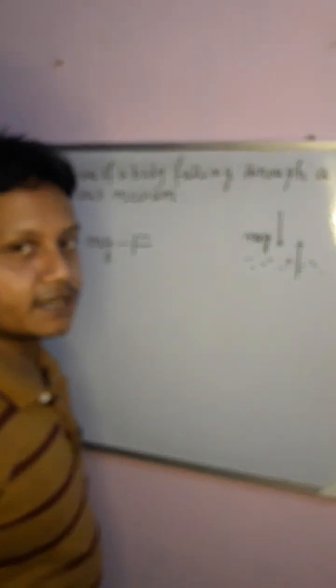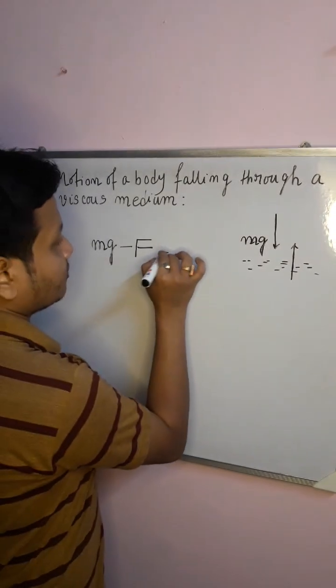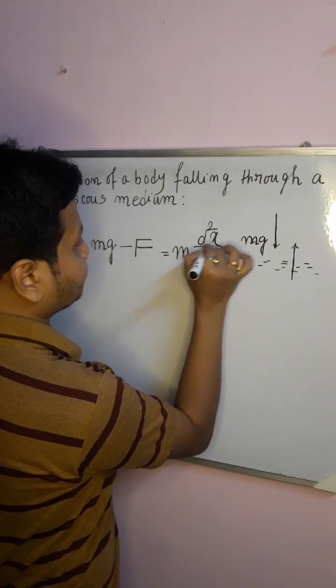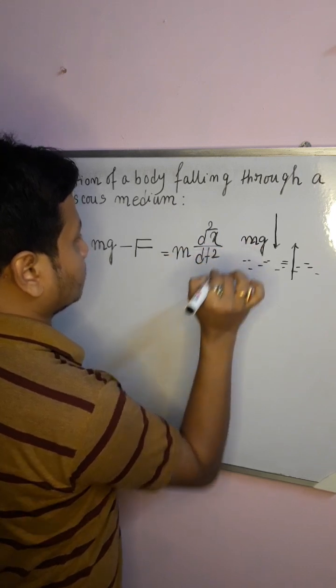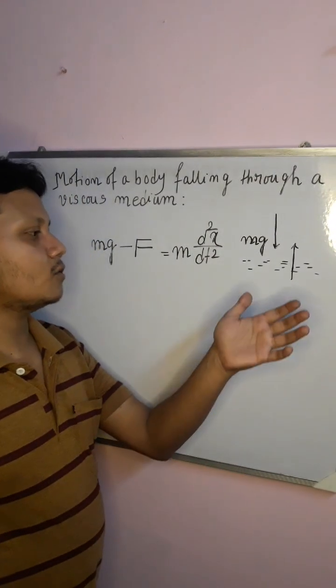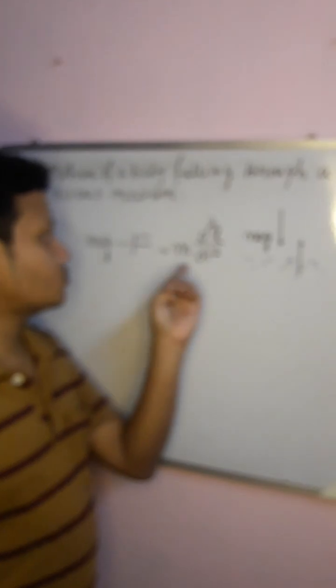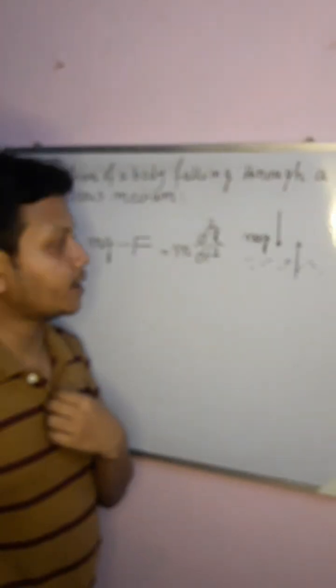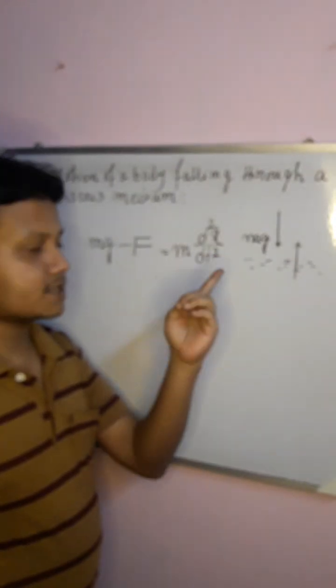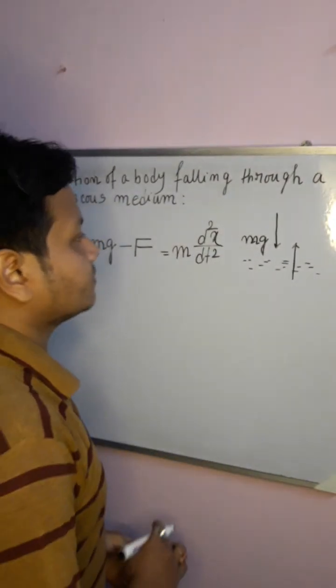Since mg is greater than f, the resultant motion will be in the downward direction. This is the equation of motion, where x is the displacement. The downward weight of the object is mg, the viscous force acts in the opposite direction, and their resultant is mass times acceleration.